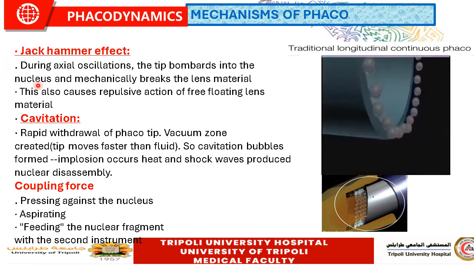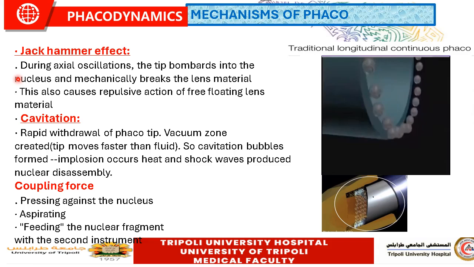The first and most common is the jackhammer effect. Of course, now we are speaking about traditional longitudinal phaco. That's the to-and-fro movement of the phaco needle within the substance of the lens fragment. This creates a physical degradation of the lens fragment, leading to its emulsification.